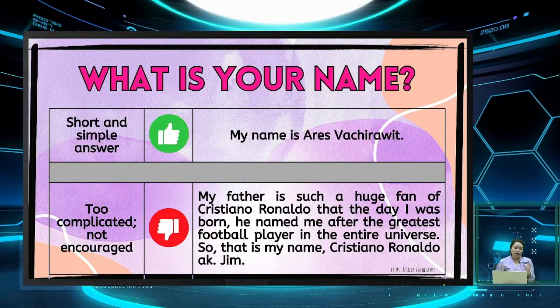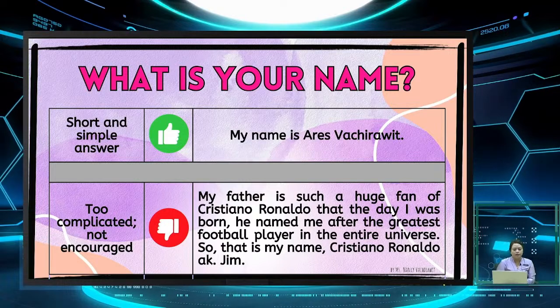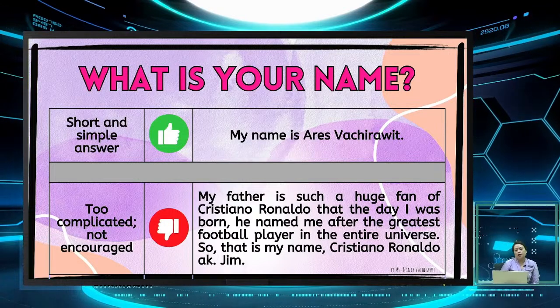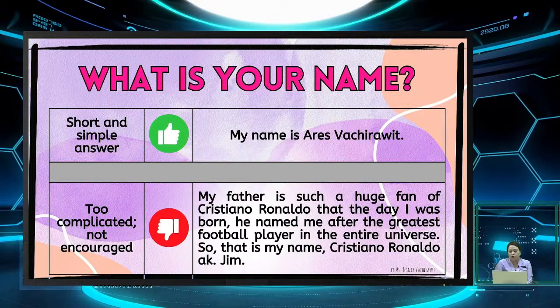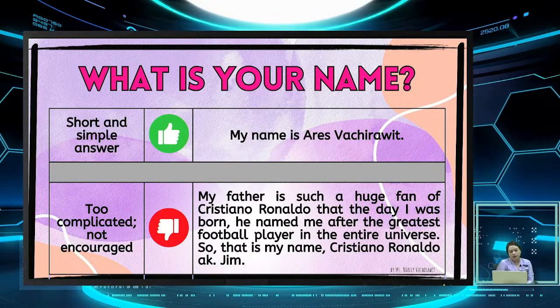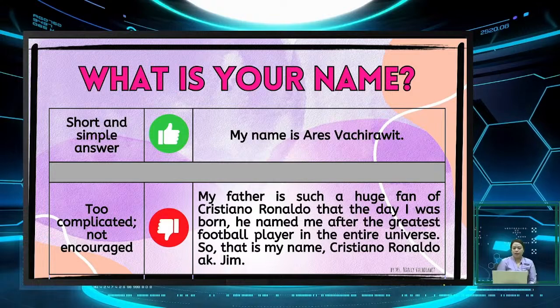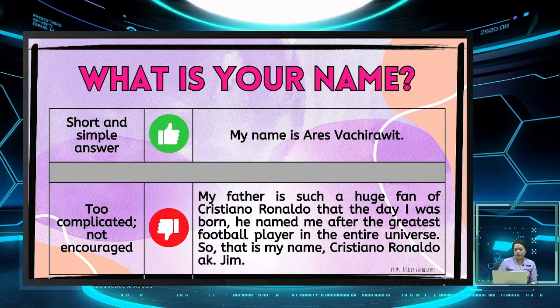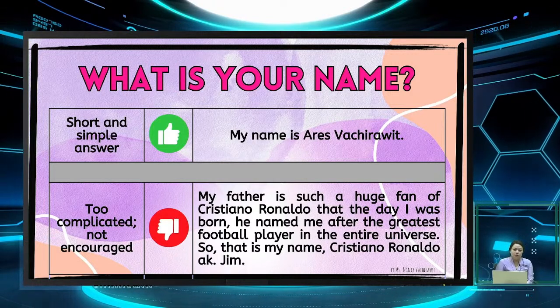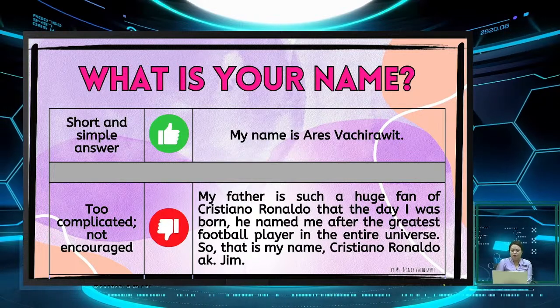Do not give a very complicated answer. For example, this one: my father is such a huge fan of Cristiano Ronaldo that the day I was born, he named me after the greatest football player in the entire universe. So that is my name, Cristiano Ronaldo anak Jim.